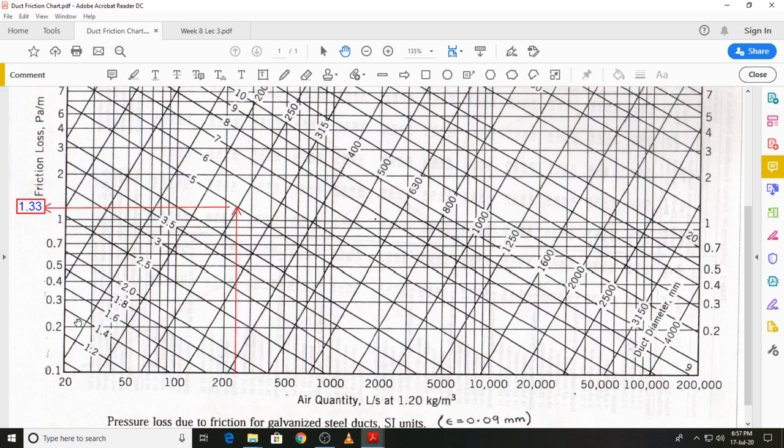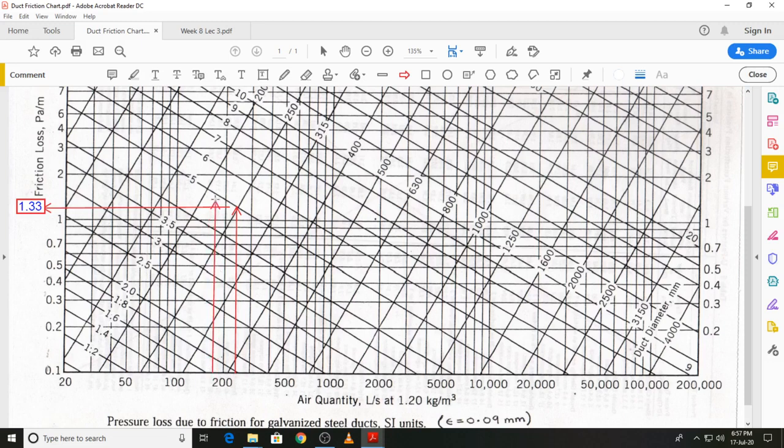Then we move on to the next segment, segment 2. The volume flow rate is 166 liters per second. The velocity remains the same. This is 100 and 166 is probably somewhere over here.